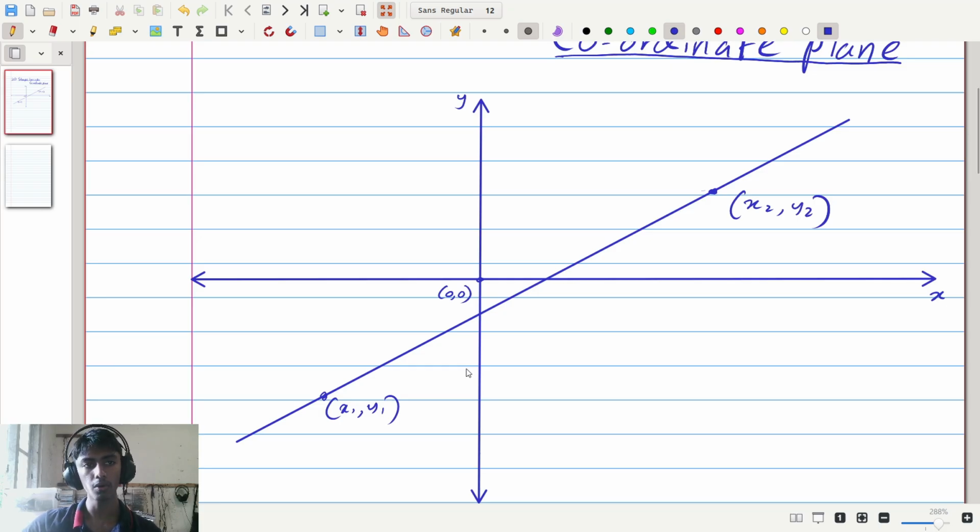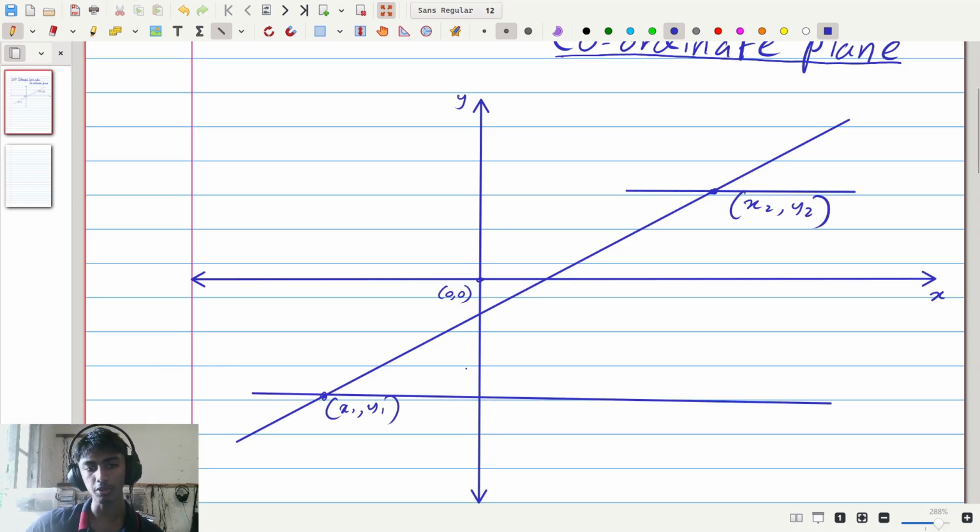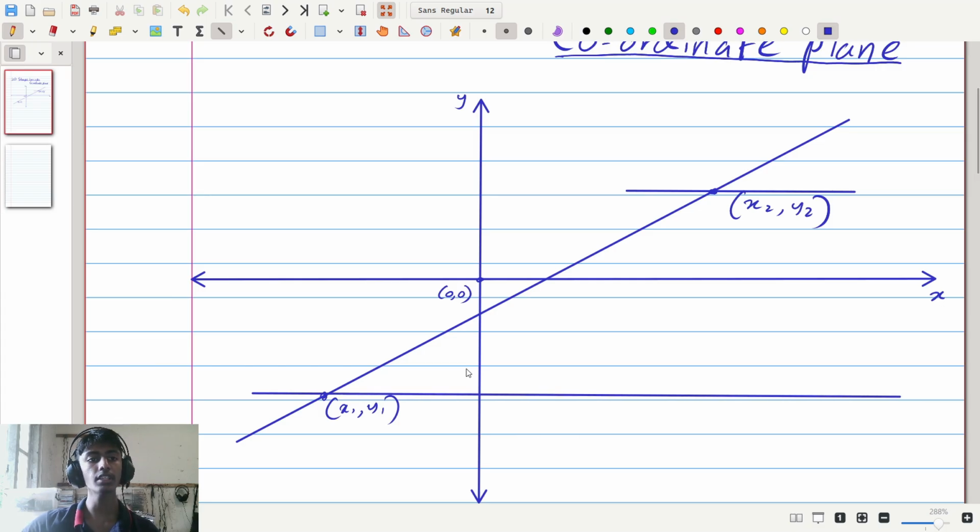Since we know that this line is having a constant direction, we could do something like this. Let's suppose we draw a horizontal line that cuts across this point and a horizontal line that cuts across this point like this. If we draw two lines like this, since the line that we are considering has a constant direction, we know that this angle should be equal to this angle. Let's now suppose that we want to find the coordinates of another third point.